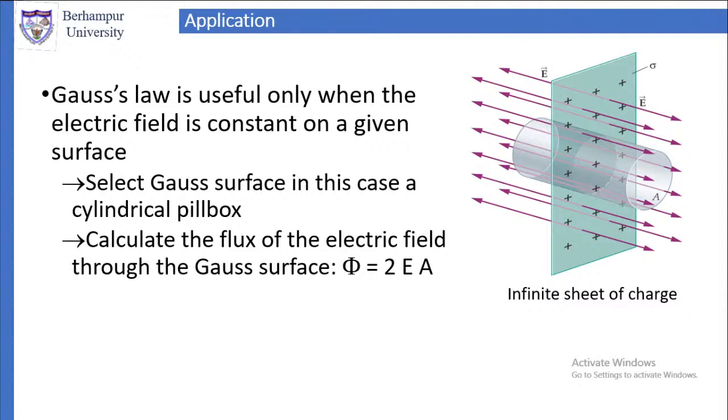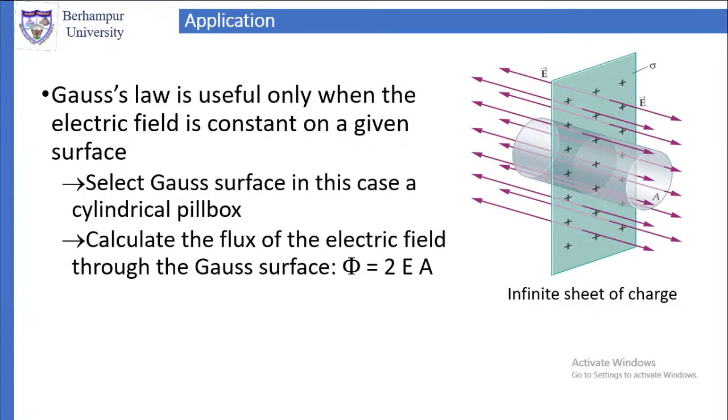Since it is in the xz plane and the electric field is along the y direction, the electric field normal to the curved surface is zero. So there will be no flux through the curved surface of the cylindrical pillbox.